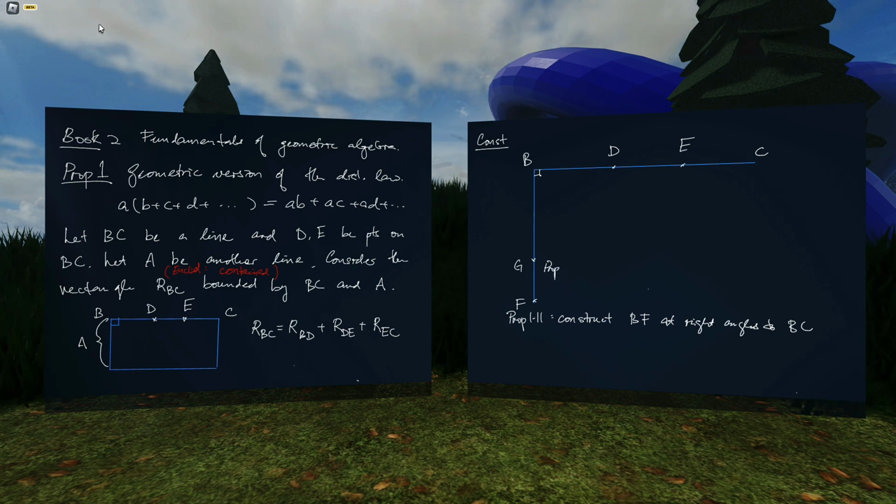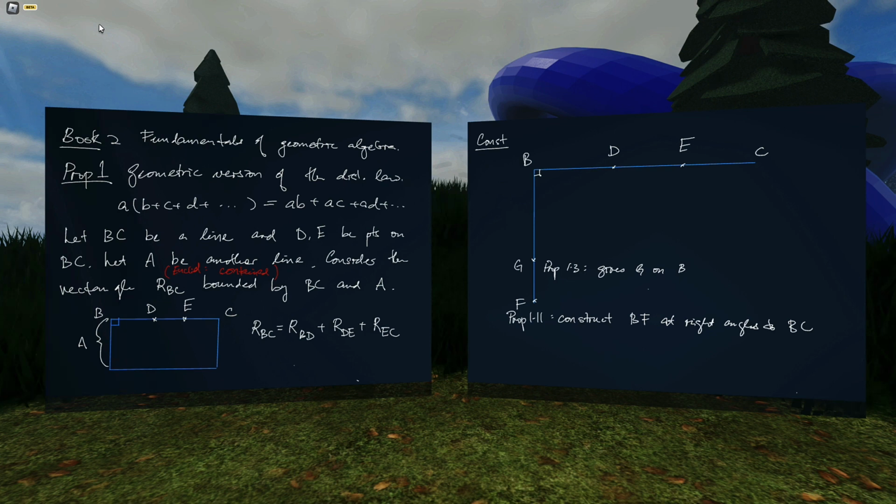Proposition 1.3 gives G on BF such that BG is equal to the length of A. I'm just going to write length of A. I feel uncomfortable writing BG equals A.